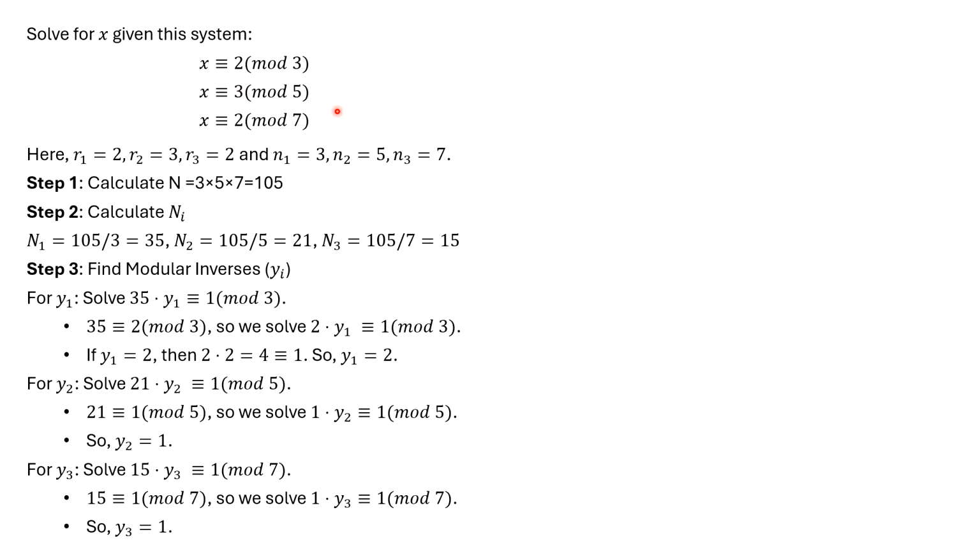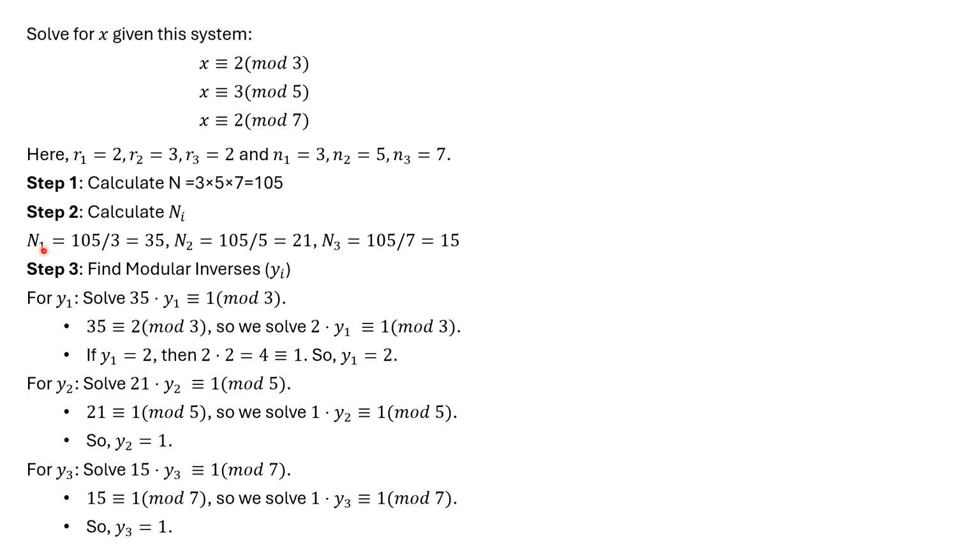So we meet that criteria. Then the n's, of course, n1, n2, n3 are 3, 5, and 7. Then we calculate capital N, that's just 3 times 5 times 7, 105.